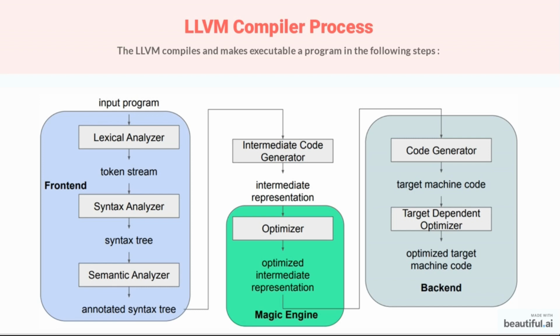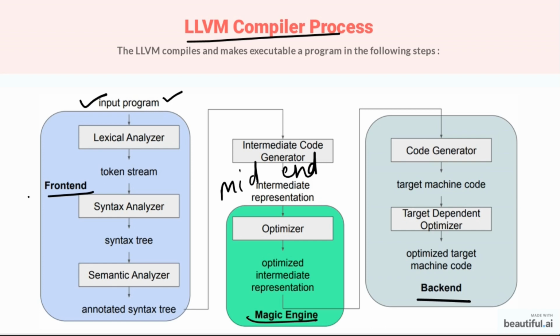Okay, let's discuss the LLVM compilation process. If you see carefully, there are three major steps: front end, middle engine, and back end. This middle engine is also called the mid end. Suppose you write a program in any specific programming language, that is our input program. This input program will pass through the first part, the front end, which will give the intermediate representation file.